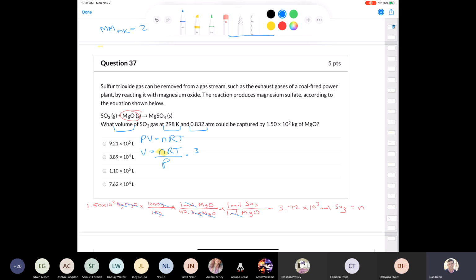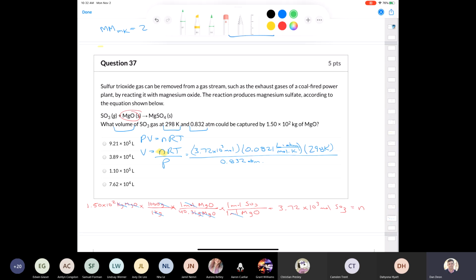I get 3.72 times 10 to the 3 moles of sulfur trioxide times the gas constant, 0.0821 liter atmospheres per mole Kelvin, multiplied by my temperature, 298 Kelvin, divided by the pressure, 0.832 atmospheres.